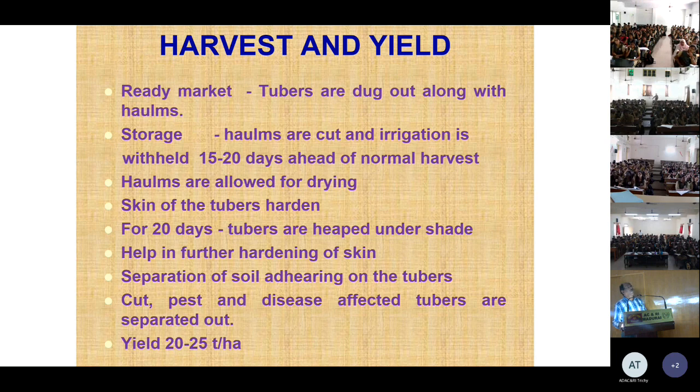The above-ground portion, the haulms, is allowed to dry so that the skin of the tubers hardens. Then the tubers are heaped under shade for 20 days, which helps in further hardening of the skin in the field itself, and the soil adhering to the tubers is separated. We have to sort out cut tubers, pest-attacked tubers and diseased tubers, and the yield is almost 20 to 25 tons per hectare.